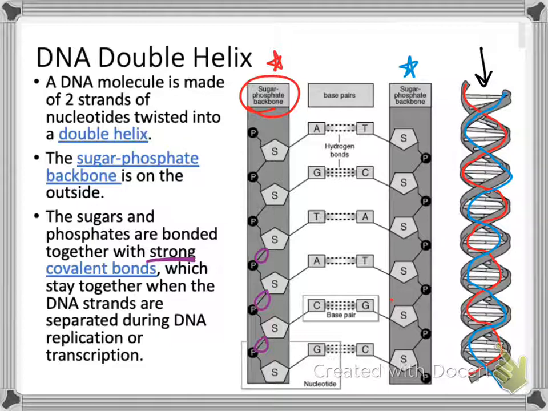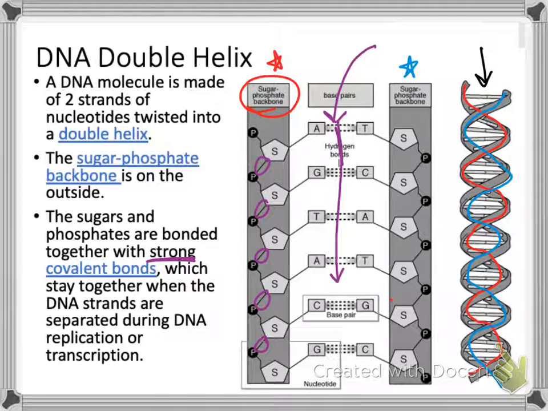Now, in order to get to the information, the cell has to access the bases, the A's, the T's, the G's, and the C's. And in both copying DNA and making proteins, the DNA molecule essentially has to unzip down the middle. Now, this backbone needs to have strong bonds.